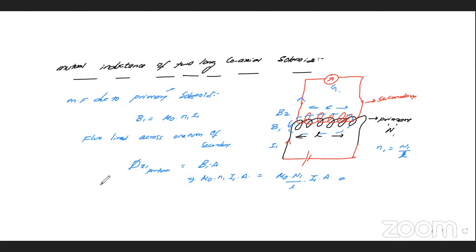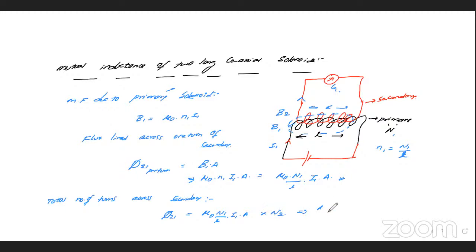Okay, per turn. Then the total number of turns across the secondary. So across the secondary, I'll take the relation: phi 21 total is equal to mu naught N1 by L into I1 into A into the number of turns in the secondary, which I'll take as N2.